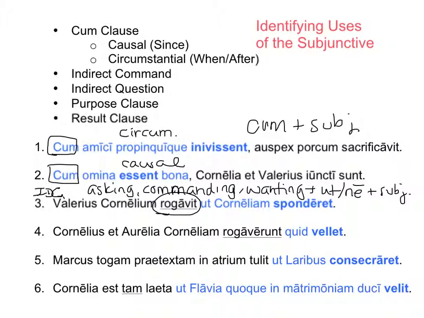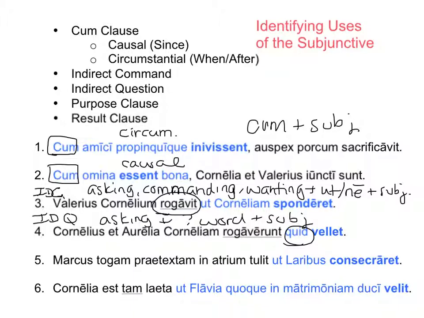Okay, so we've got our indirect command. But when I look at the next one, I see that Cornelius and Aurelia rogavant, asked Cornelia, quid velit. Well, quid is a question word, meaning what. So what she wanted. So now they were asking her a question, so that would be indirect question. So again, I've got a verb of asking, but I've got it plus a question word. So in this case, the quid plus the subjunctive.